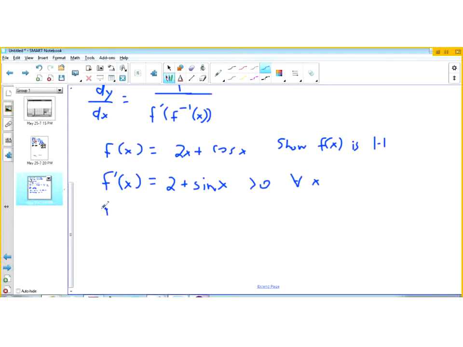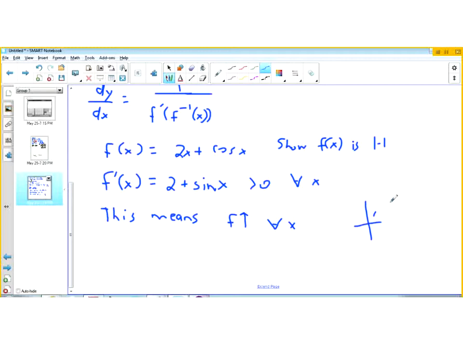So what does this mean? This means that f is an increasing function for all x. And how do we know it's an increasing function? Because the slopes of the tangent lines are always positive.